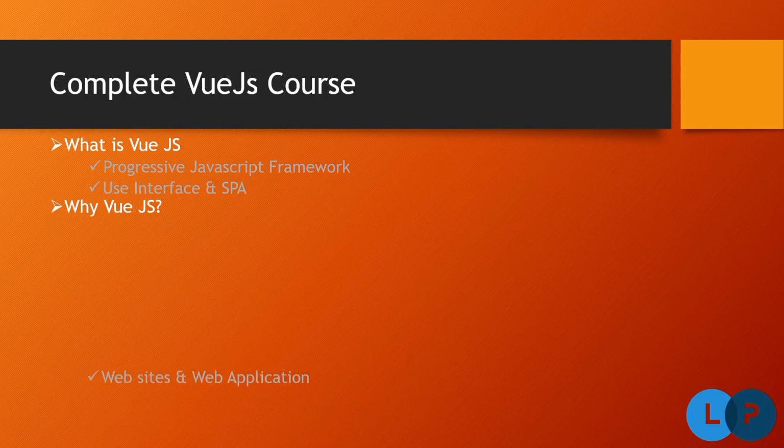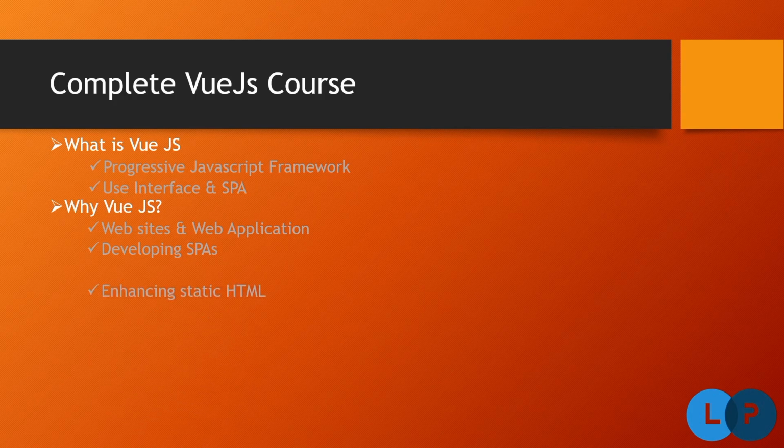Okay, so the next thing is why we use Vue.js. The first thing is building websites and web applications. Vue.js simplifies the process of creating dynamic and engaging user interfaces. Single page application development: it's a popular choice for building SPAs, providing a framework for managing complex application logic and rendering.